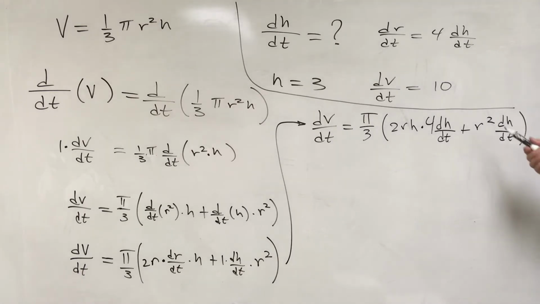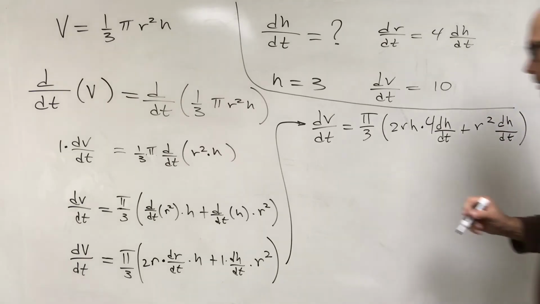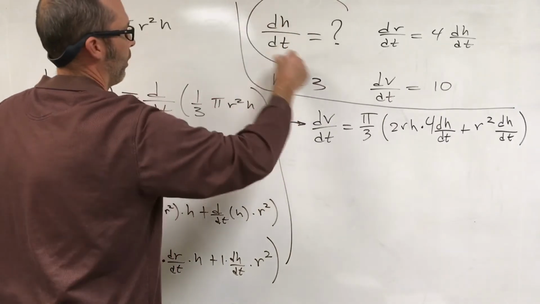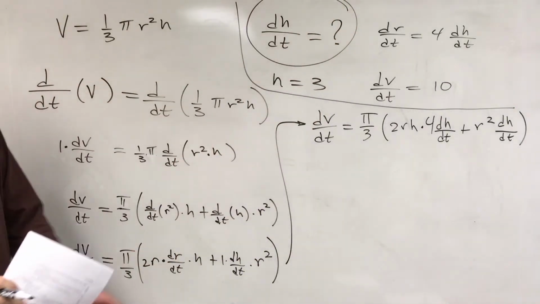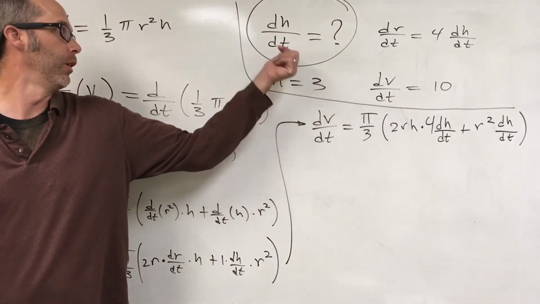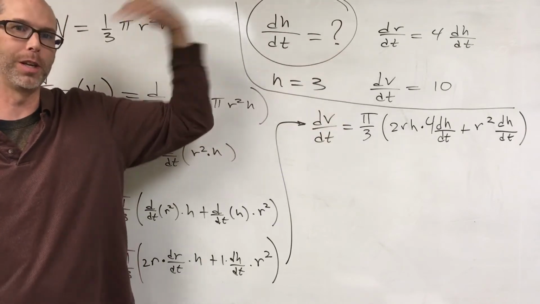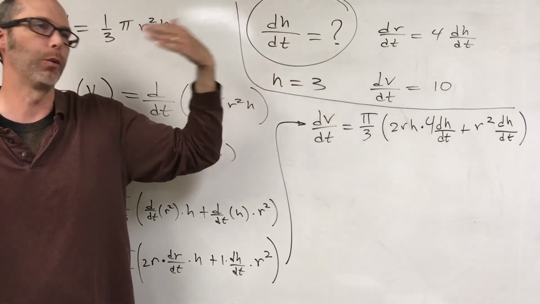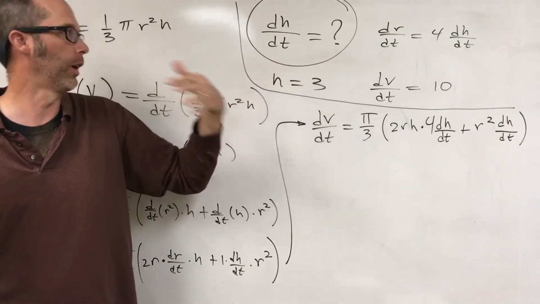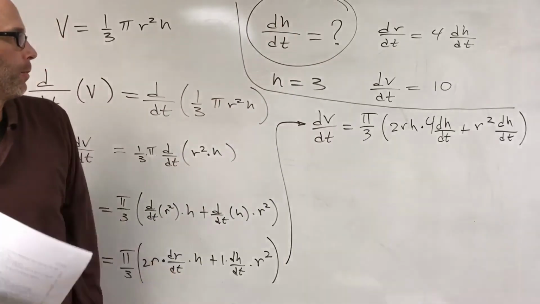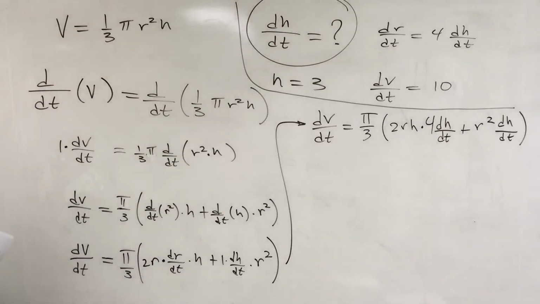Now look, we want to solve for dh/dt, because that's what we want. Notice how it was important for me to write this out at the beginning, equals question mark, because it reminds me as I'm doing the problem what I'm trying to do. Oh, okay, I'm trying to solve for that. So now we'll solve for dh/dt.